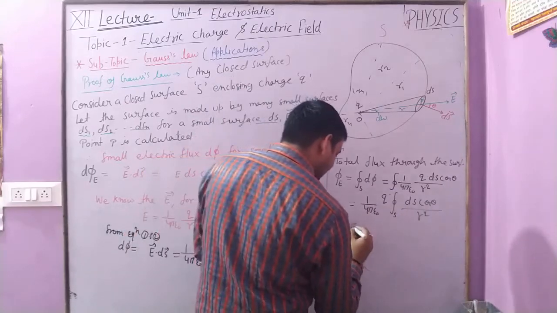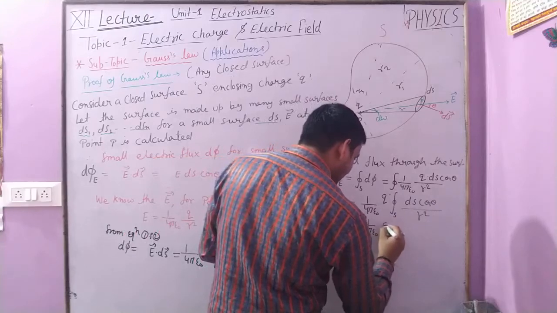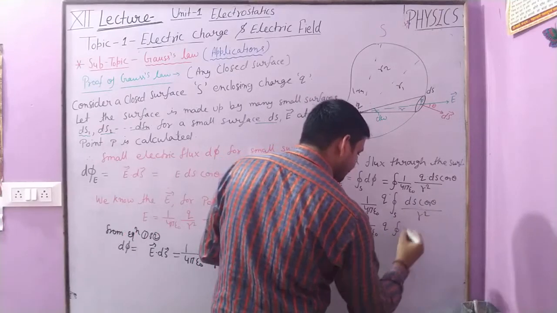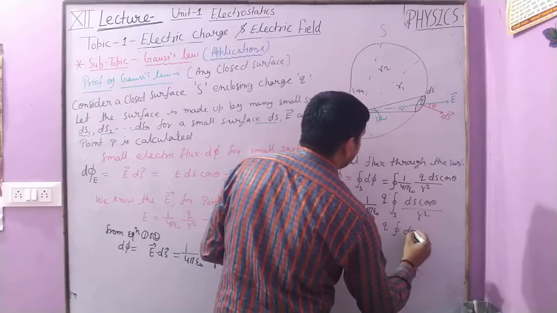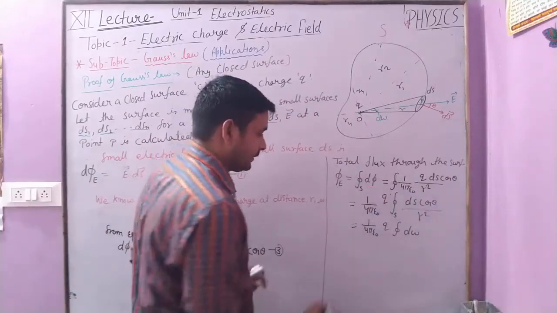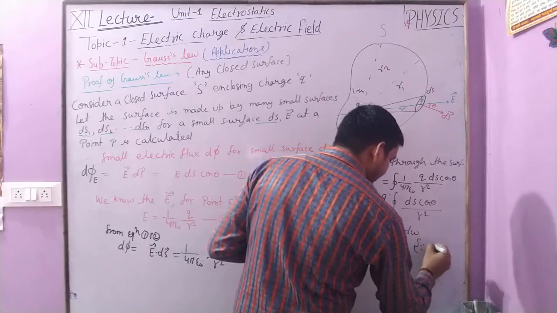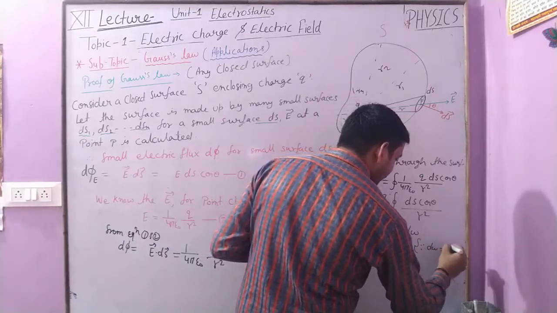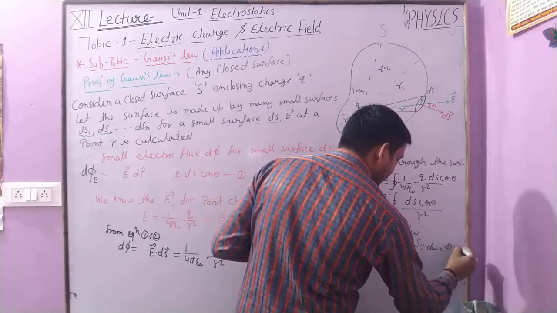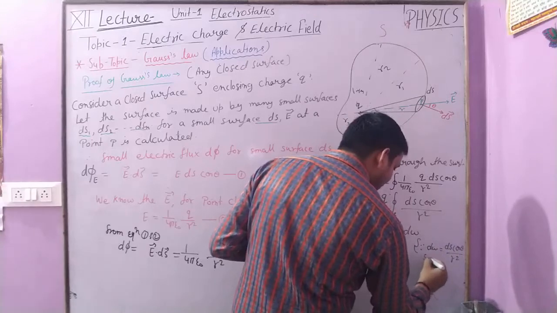And as you learn, this is the value of d omega, where d omega is equal to ds cos theta upon r square and is known as solid angle.